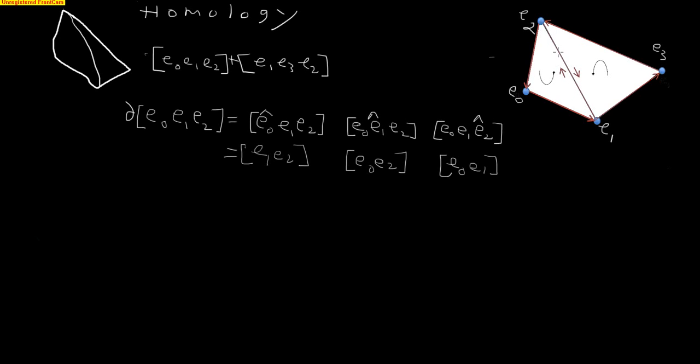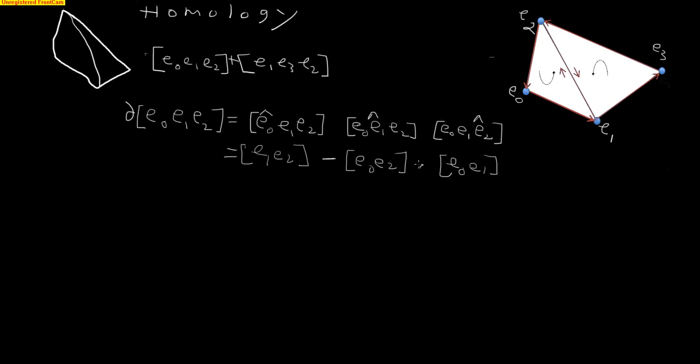We went from E1 to E2, and then we want to go from E2 to E0, but here we have E0, E2. If this was E2, E0, then we would have gone from E2 to E0, and then from E0 to E1, which would be this. So this is fine. This is not. And we can either switch the order, put this as E2 to E0, or equivalently we could put a minus sign, reminding ourselves that these have to be reversed.